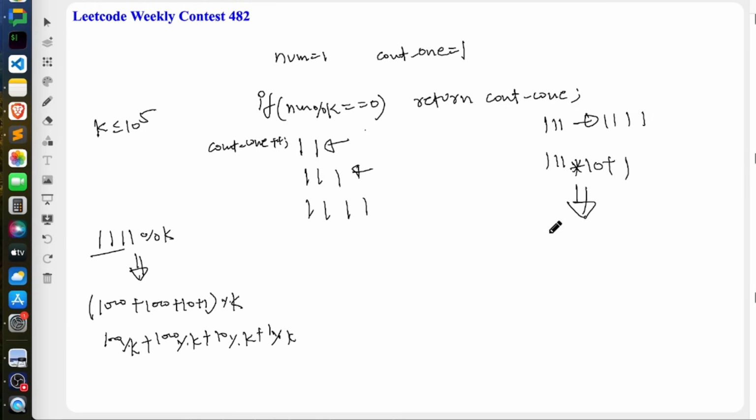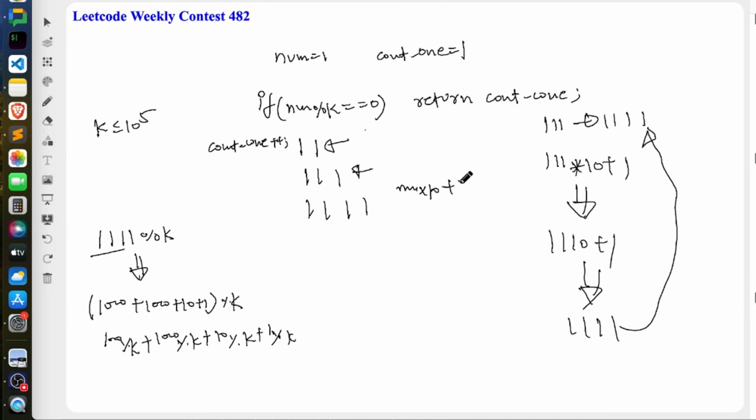So this is nothing but 1110 plus 1, which is 1111. This is exactly what we were looking for. So to add one extra digit at the end, you can just multiply by 10 and add 1. So to go from num to the next number, we can do num into 10 plus 1, right?